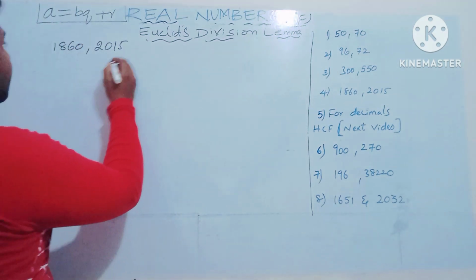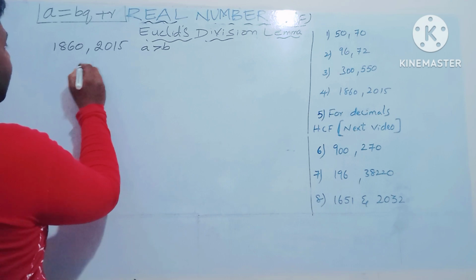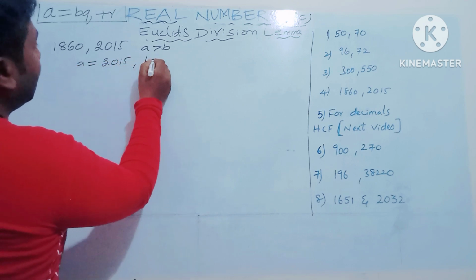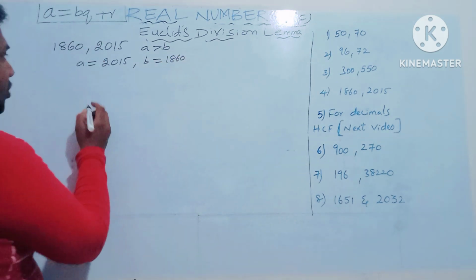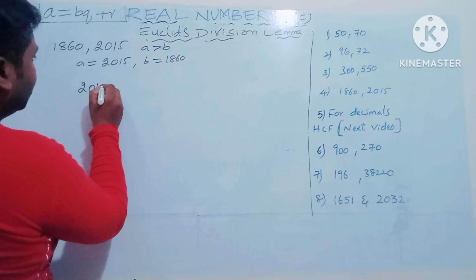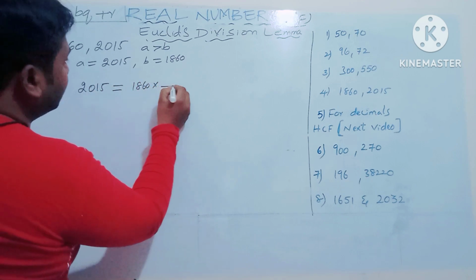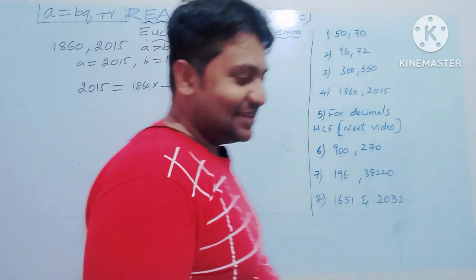So they are given two numbers. Every time A will be greater than B. So we know the formula: A is equal to 2015, B is equal to 1860. In the form A is equal to BQ plus R, I can write 2015 is equal to 1860 into something plus something. Right?